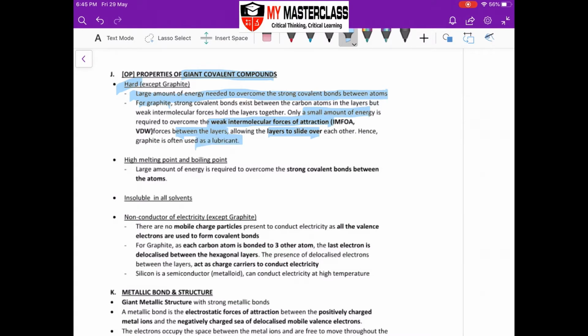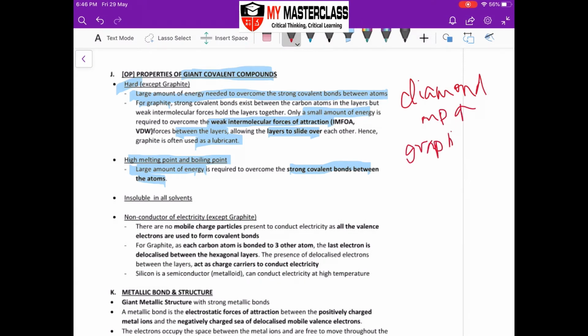Okay. The next property that we are going to look at is the melting point and boiling point. Generally, your giant covalent substances will still have high melting points and high boiling points, because most of the time we are trying to overcome the strong covalent bonds. So I need a large amount of energy to overcome the strong covalent bonds between the atoms. But if we have to compare, your diamond, the melting point is much higher than graphite.